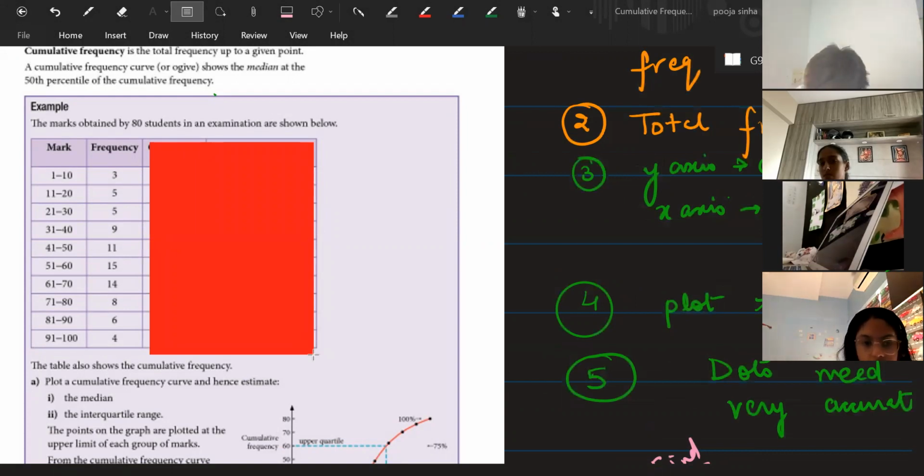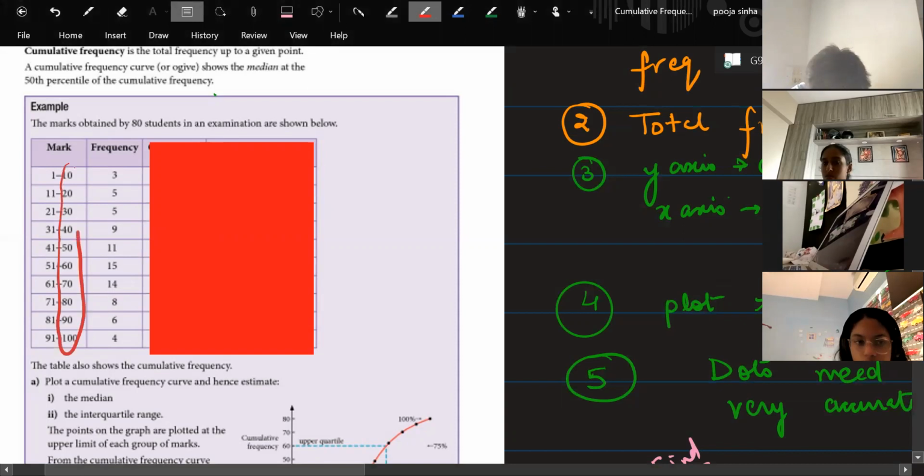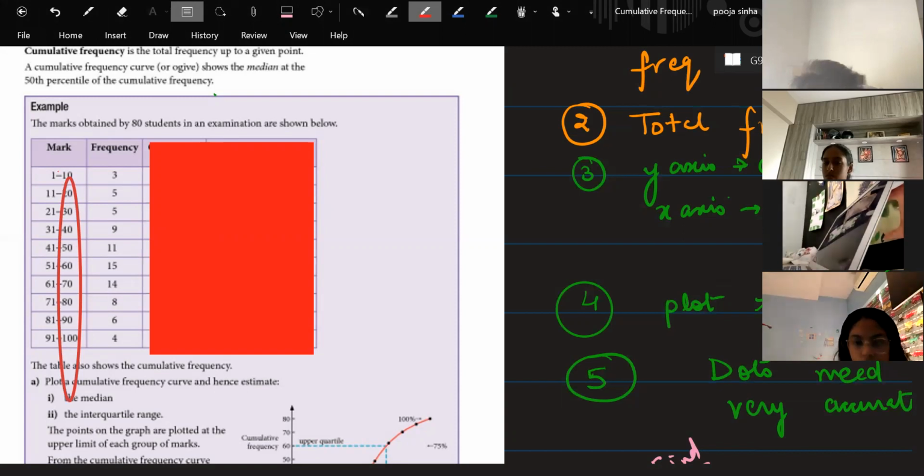Find out the cumulative frequency. You make a column, you write cumulative frequency, and you make one more column where you write less than what. It should be less than all the upper limits, because less than 1 is nothing. So less than 10.